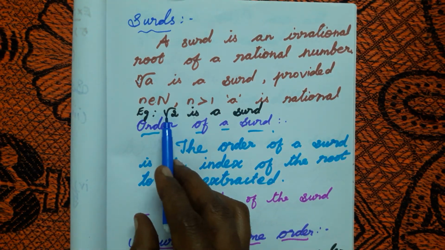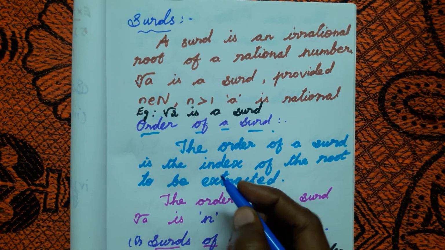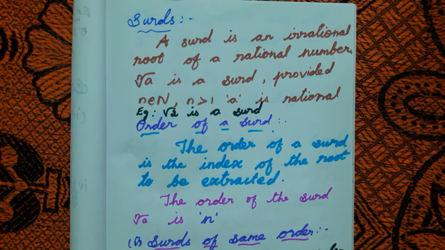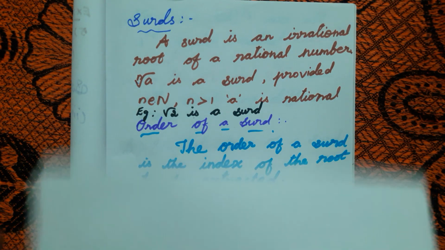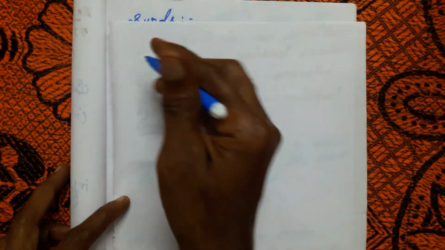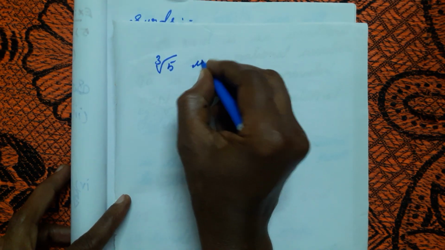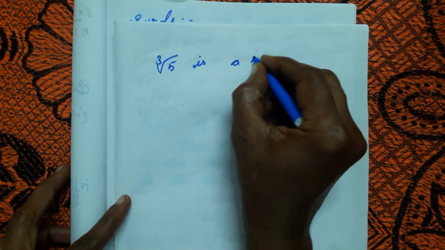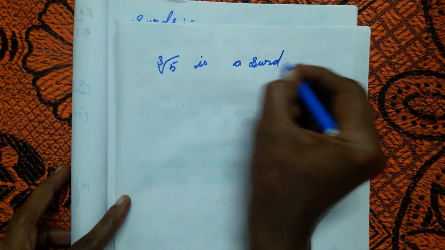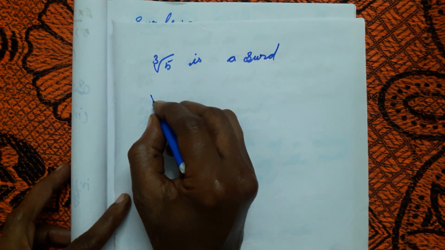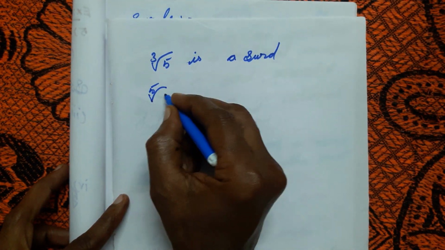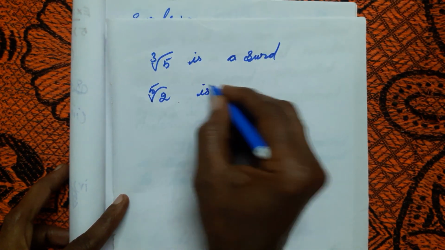For example, square root of 2 is a surd. Can you say some other example? Yeah, we can say so many examples. Cube root of 5 is a surd. Fifth root of 2 is a surd.